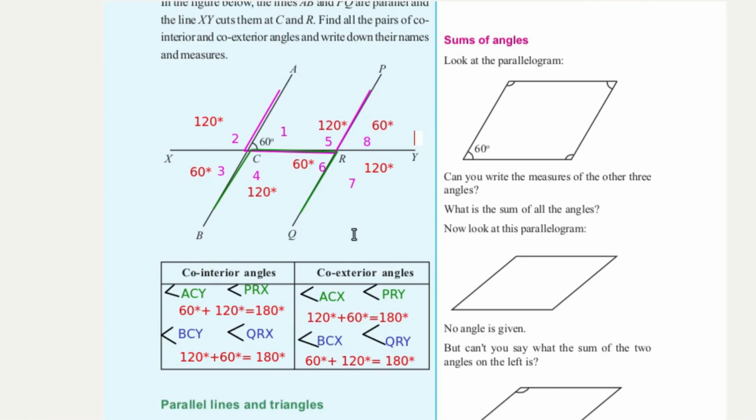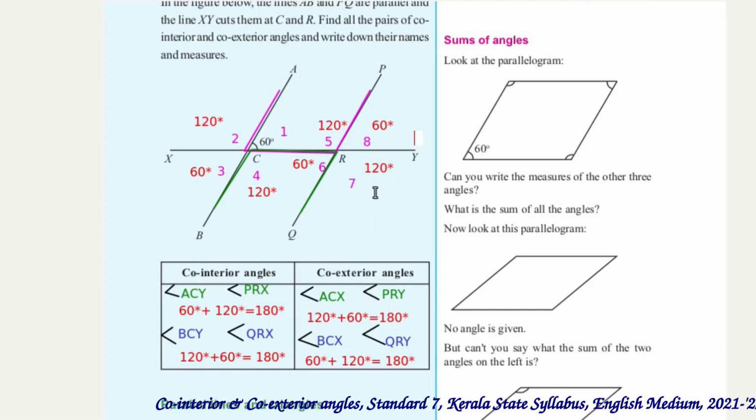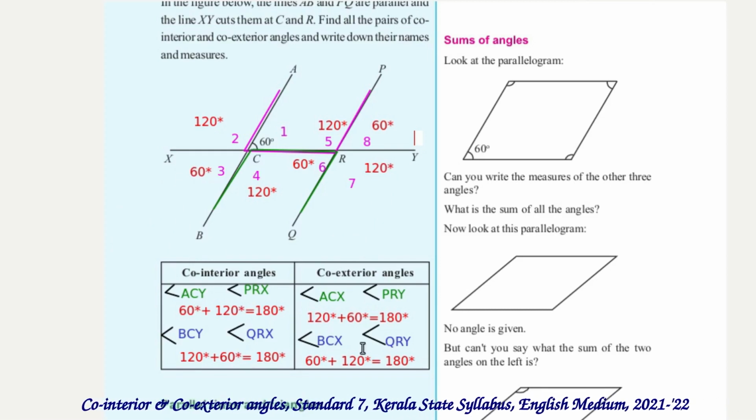These two exterior angles, angle BCX and QRY, 60 degrees plus 120 degrees, they add up to 180 degrees. So these two co-exterior angles are supplementary angles. That is what I wrote here.